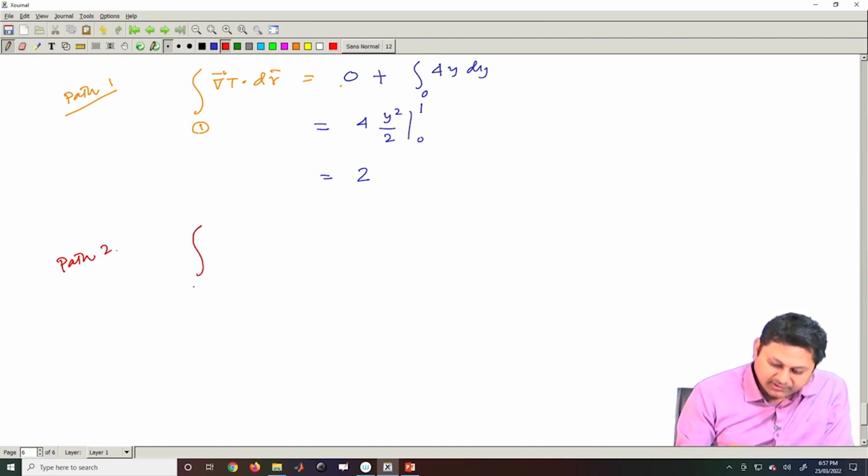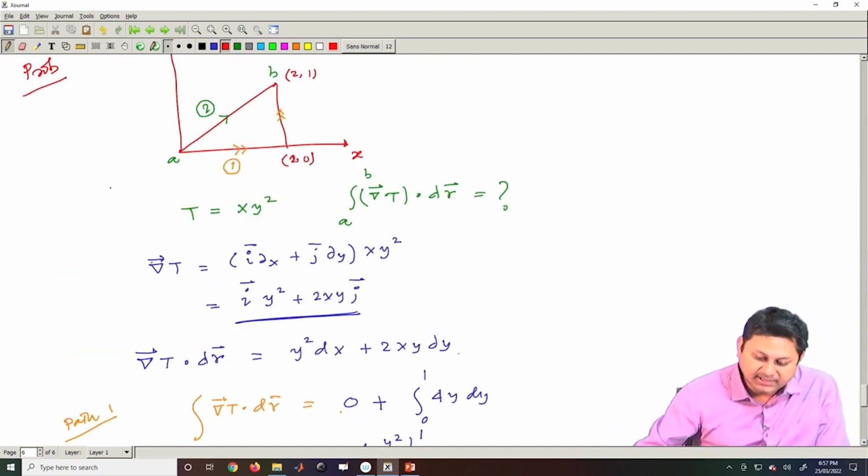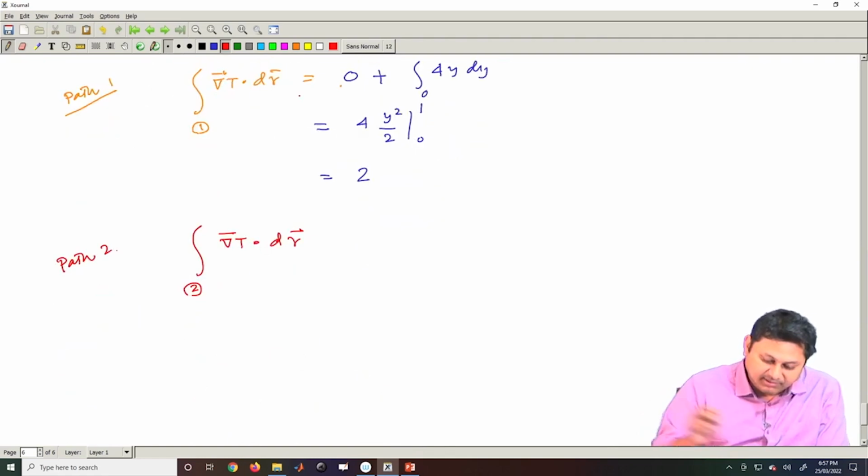I need to calculate the same thing, but for a different path, and this same quantity I am going to calculate. But in path 2, what are we getting? In path 2, you can see that I am directly going from this point to this point. So there is a relationship between x and y.